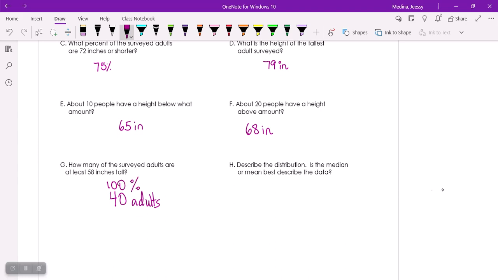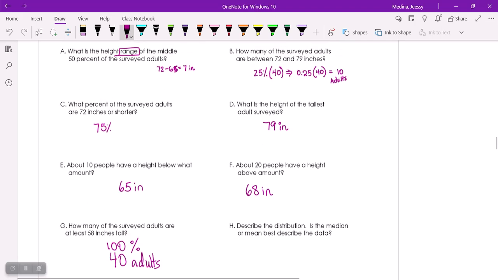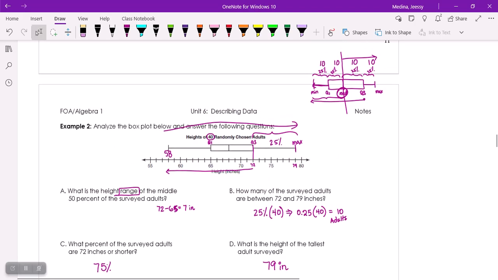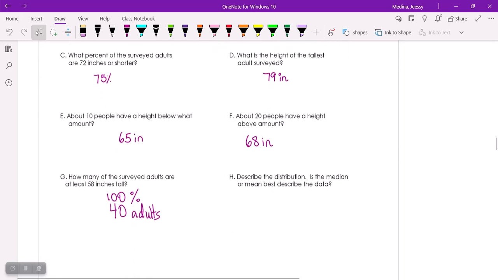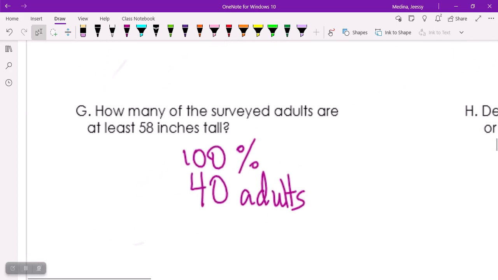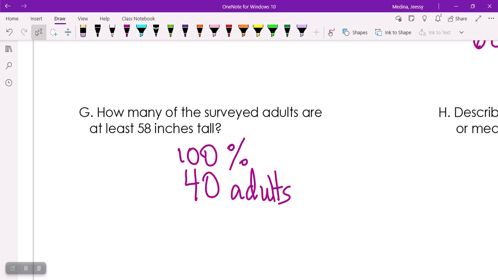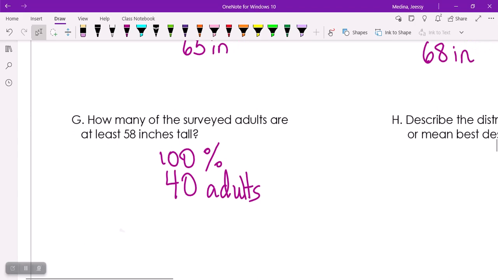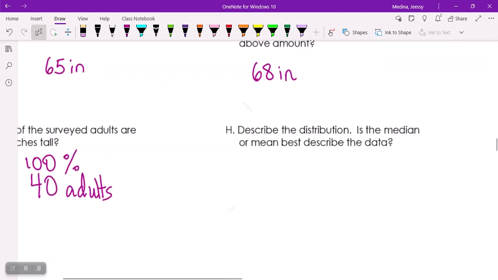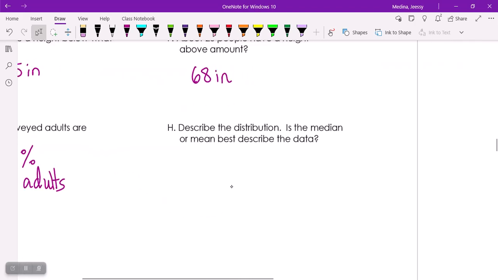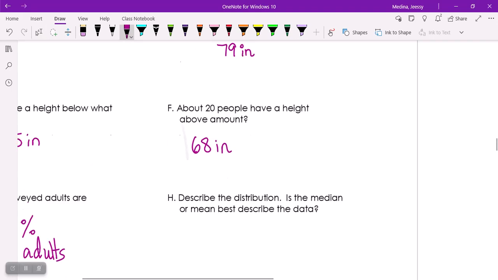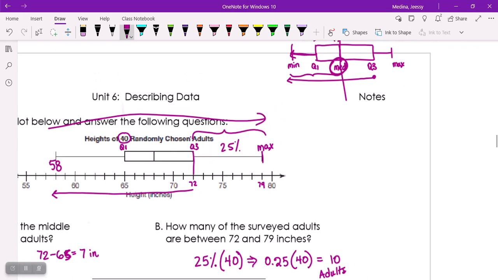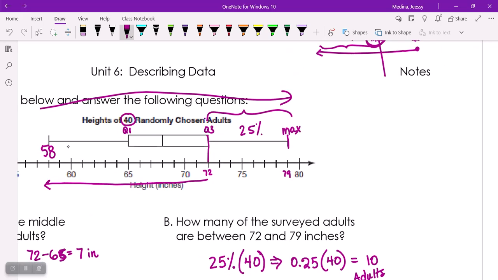What type of distribution do we have? It's wrong because they're not asking you for the percent. They're asking you for the number of adults, okay? So what type of distribution do we have? Symmetric, skewed left, skewed right, uniform? Y'all sure?